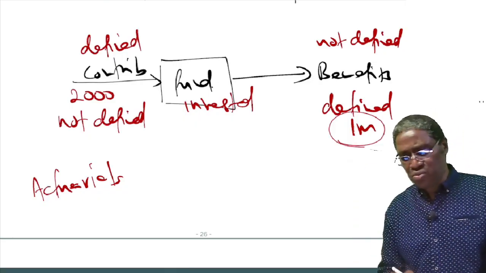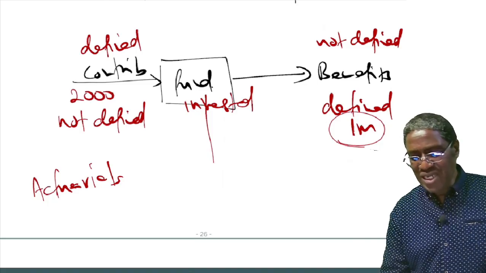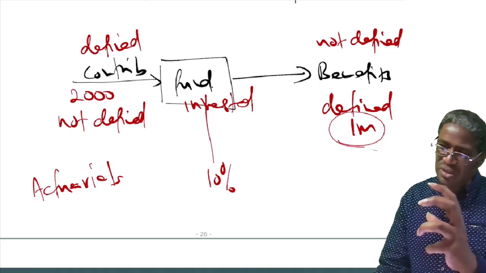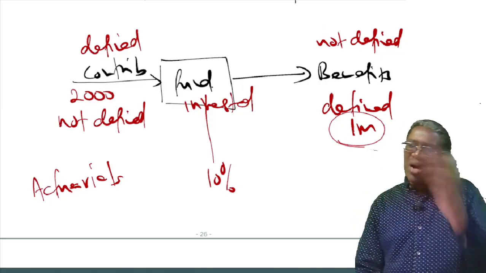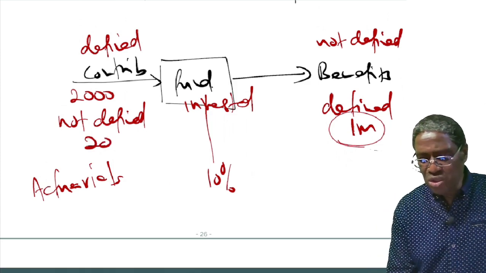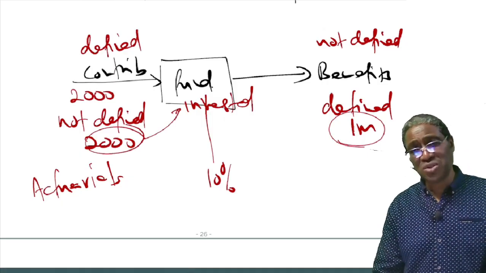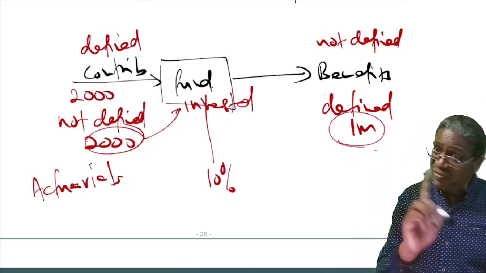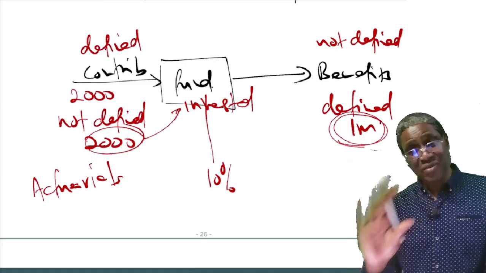Let us assume that you assumed that these investments will be earning a return of 10%. That is what we are projecting. So if the actuaries know that the expected rate of return is 10%, they will calculate backwards and see, for example, that if you make a contribution of 2,000 every month to this fund, earning a return of 10%, then we expect that after 10 years or 15 years, that will give you a fund of 1 million, whatever the case might be.